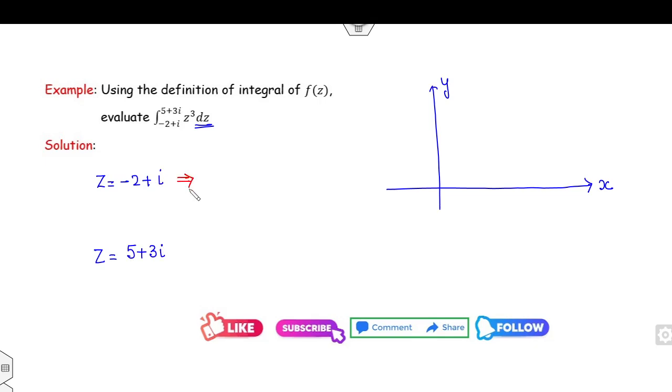So if you compare them with z is x plus iota y, x will be my minus of 2, y will be 1. So x is minus 2, y is my 1. In this case, x is my 5, y is equal to 3. So x is equal to 5, y is equal to 3.